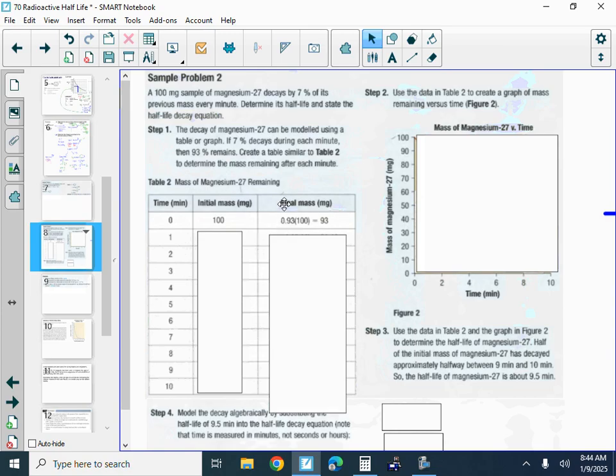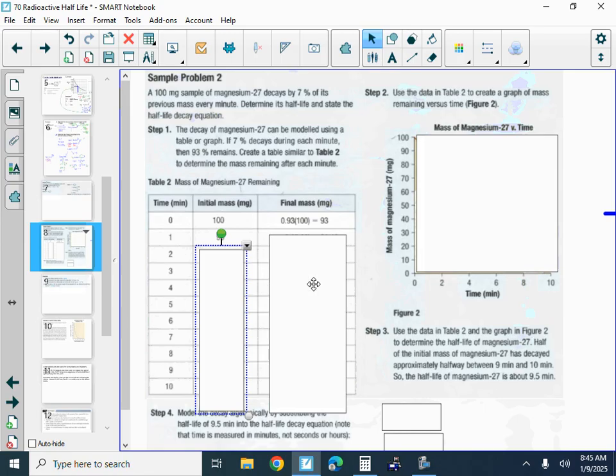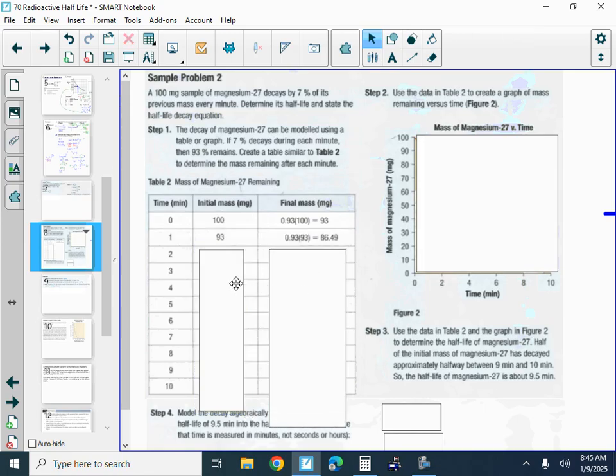So you could write this as 100 take away 0.07 times 100, or you could write it as 93. That would be 100 take away the 7%, or you can just write it as the 93% that's left over. Okay, but we end up with the initial mass for the next minute being that 93, which then gets reduced again and reduced and so on.